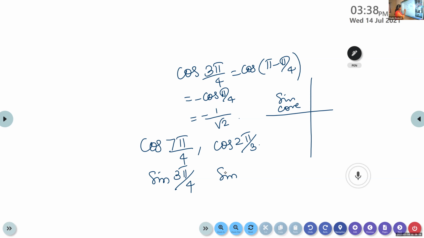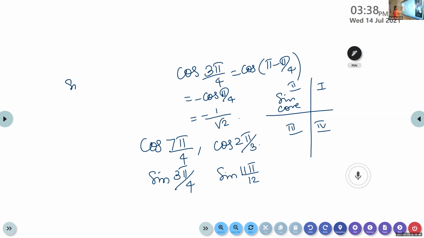Okay, this is the method. Cos 11 pi by 12. How to find it? Simplify this. Learn the formulas also. We divide the plane into 4 quadrants: first quadrant, second, third, fourth.